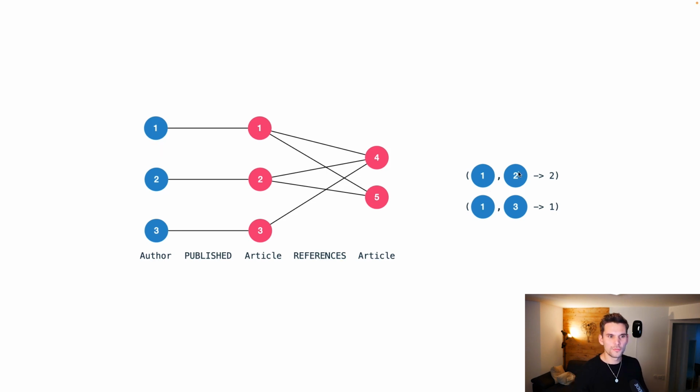So author 1 and 2, they would have an overlapping set of 2 papers, which they have cited as well. And 1 and 3, they only would have 1. So paper 4 is cited by both papers of these 2 authors. And it would be nice to add this feature to our feature link vector. But as I said previously, at the moment, that's not possible.